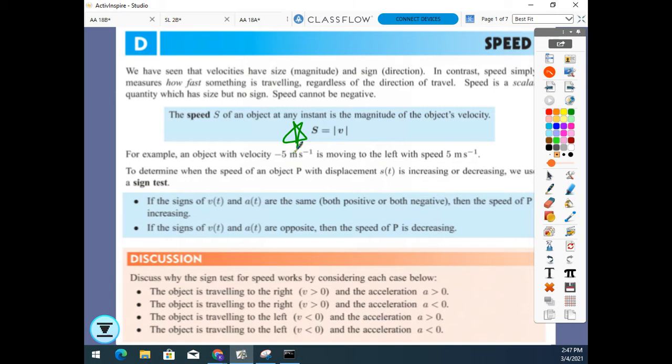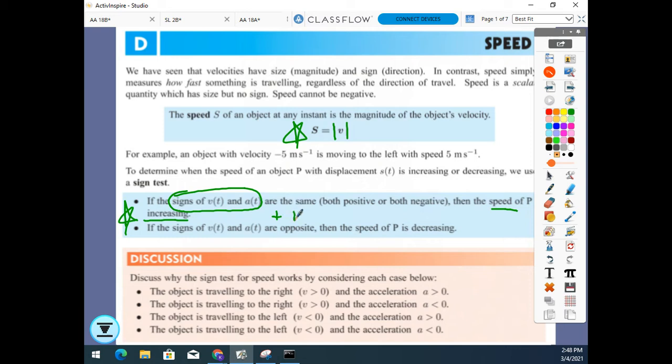Thank you. All right, so speed is just the absolute value of velocity, and we've talked about this in the past. We can tell if you're speeding up, if your speed is increasing, when the signs of V and A are the same.